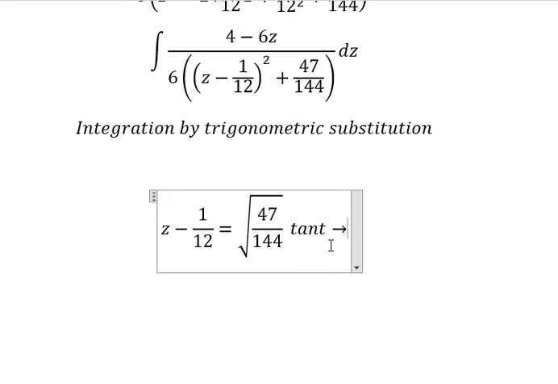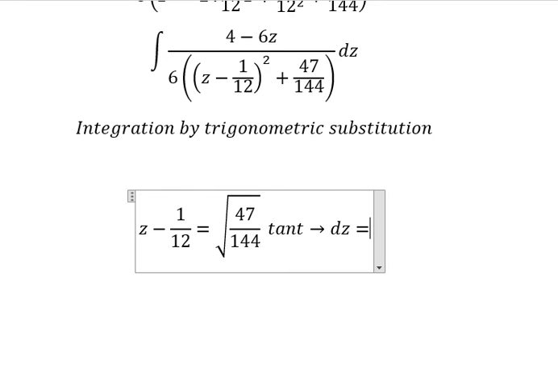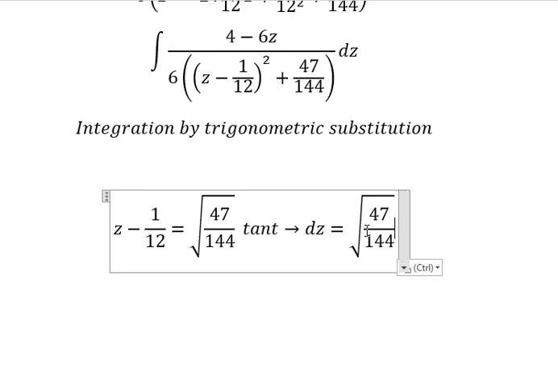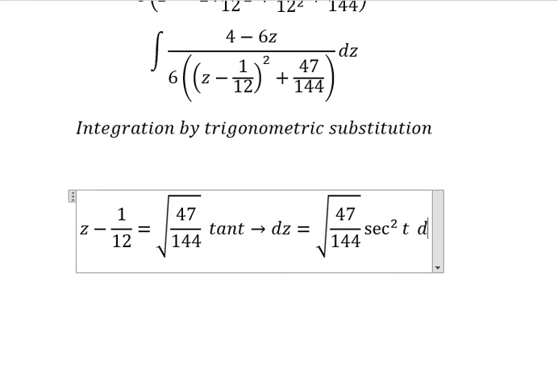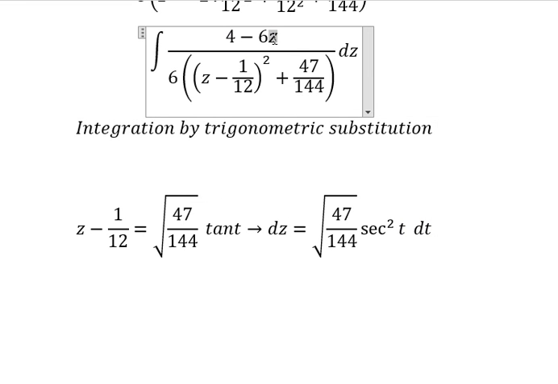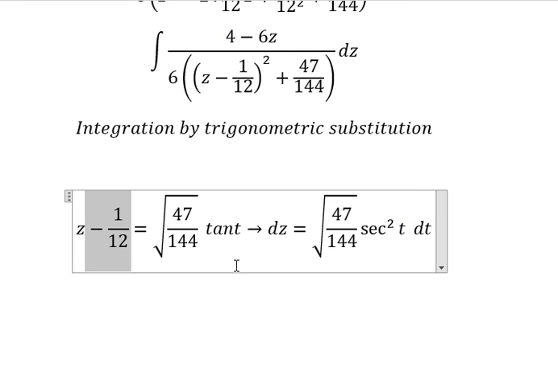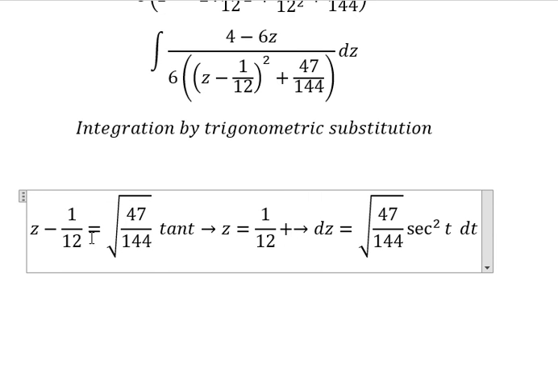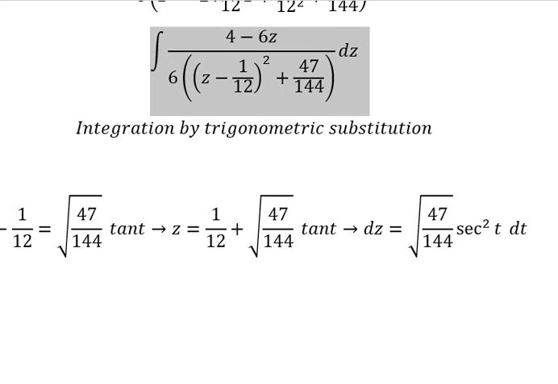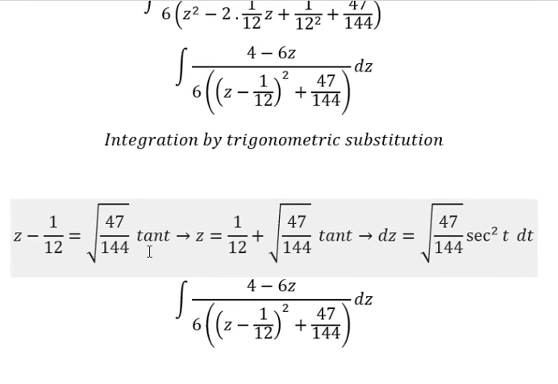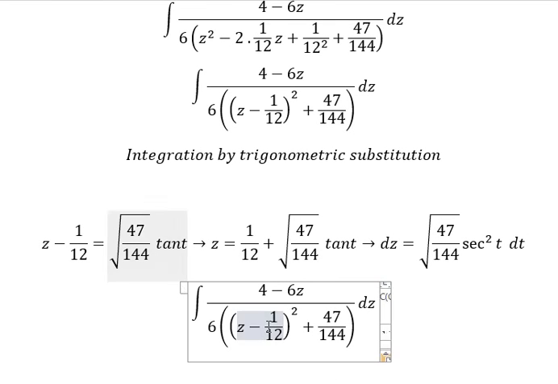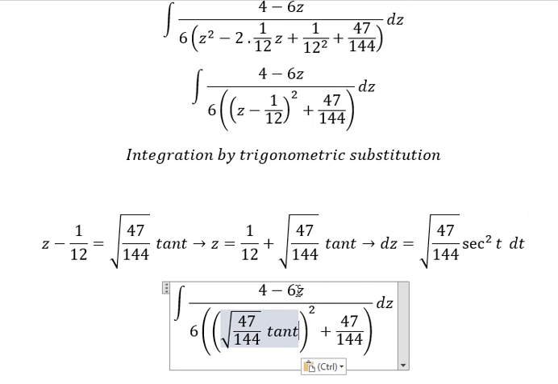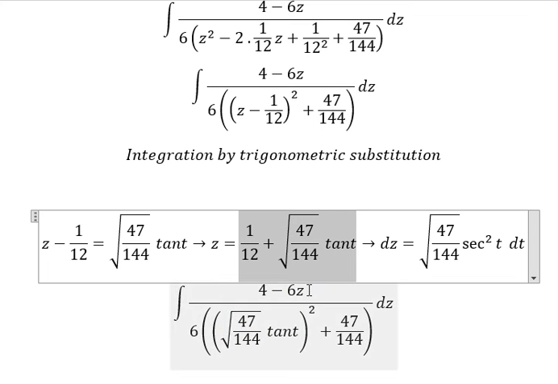So we do first the derivative for both sides, and we have dz equals this one, and we have secant t squared dt. Because we have z, so I will put this one go to the right. So I will put this one go in here. Z we change by this one.